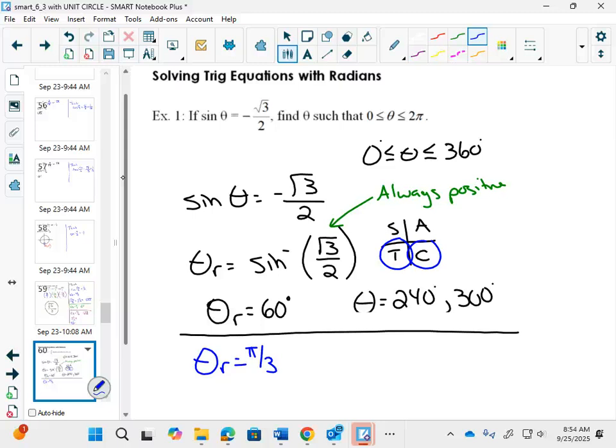Then, just using my pie plate, I think, okay, what's my pi over 3 in quadrant 3? In quadrant 3, it's always one more, or 4 pi over 3. What's my pi over 3 family in quadrant 4? 5 pi over 3.